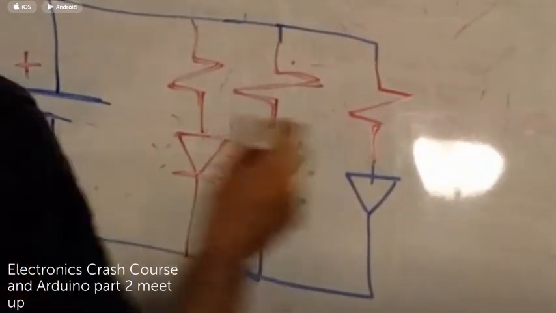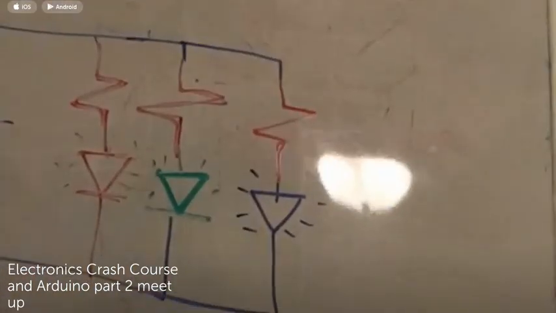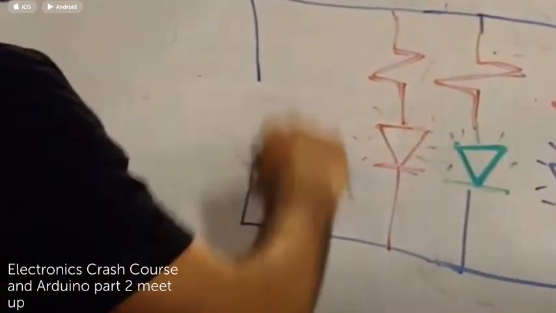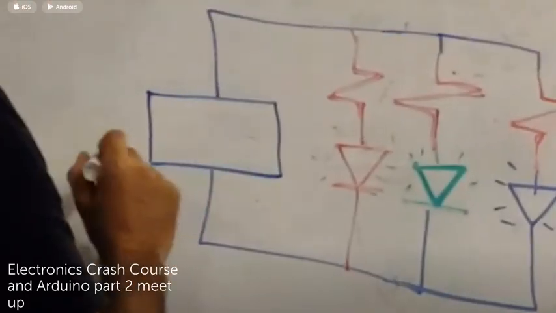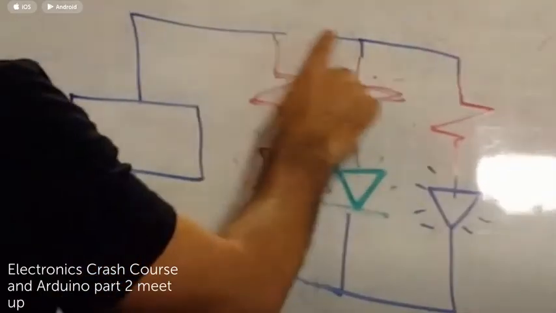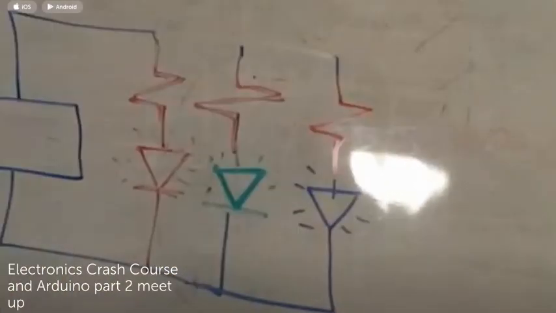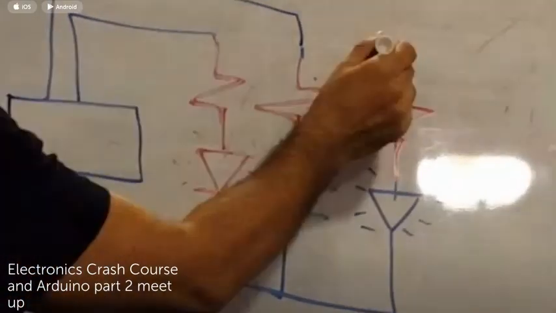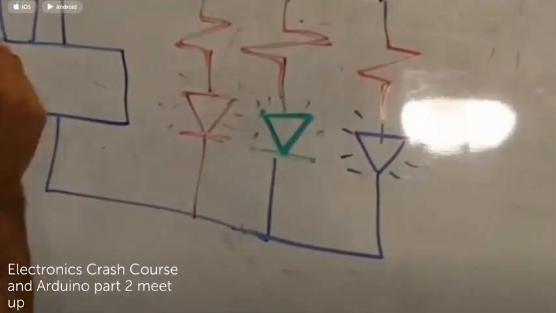So if I want to control the brightness of these LEDs, I have to have a microcontroller that will control the supply and the pulse to this. So right here, I'm just going to put a box. This box is going to be the Arduino. It is going to control this. But instead of having one pin, you're going to have three pins connected to the Arduino, each one controlling one separate light.